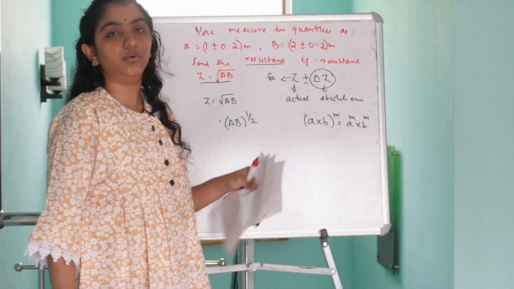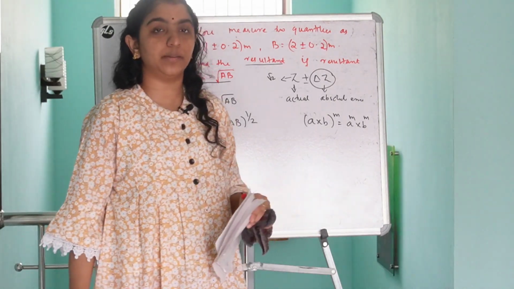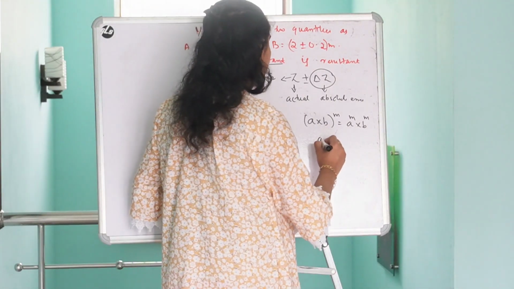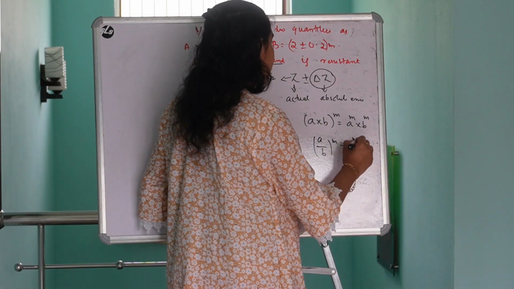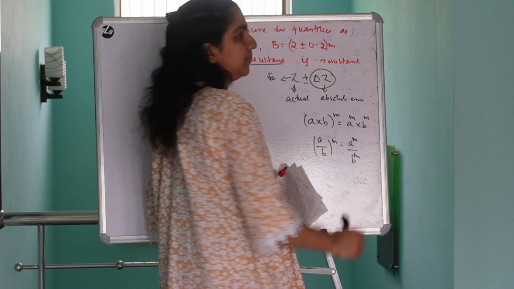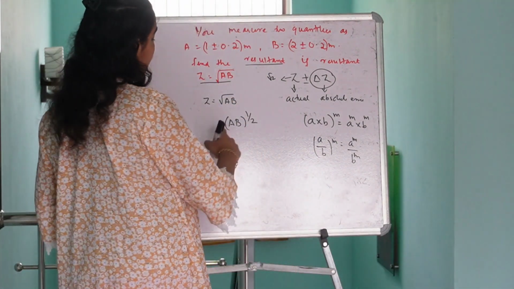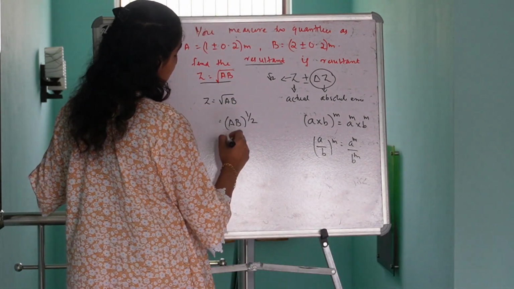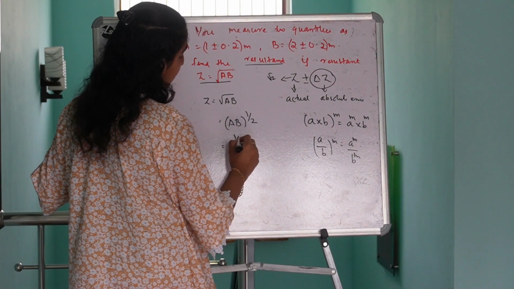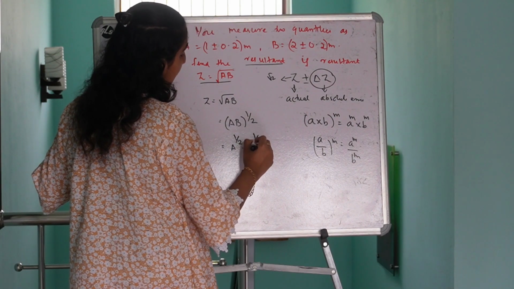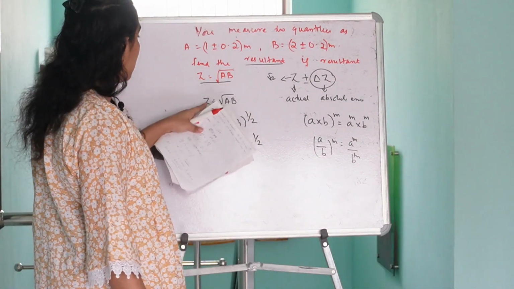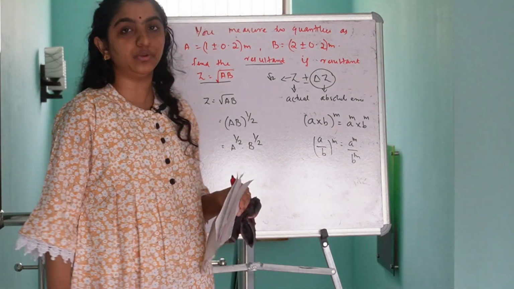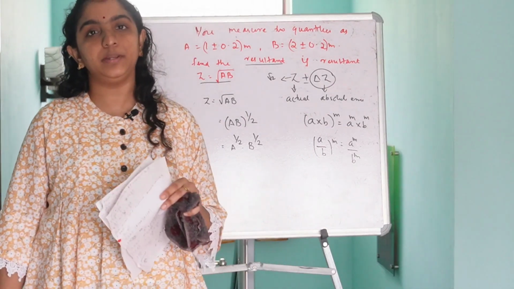Also we have A by B the whole power m is equal to A power m divided by B power m. So by applying this rule, you will get AB the whole power half is equal to A power half into B power half. Thus we got Z is equal to A power half into B power half.